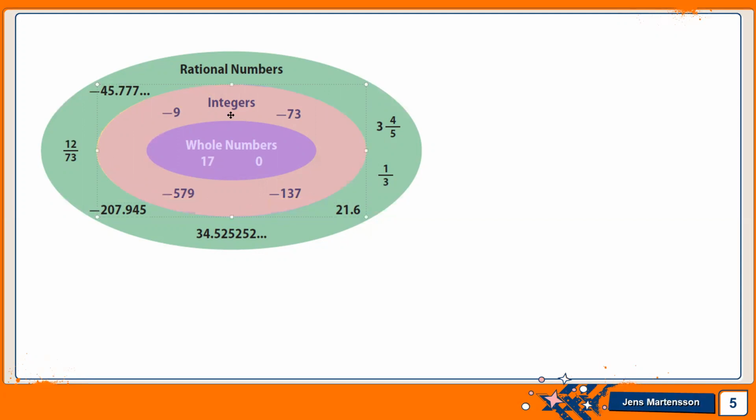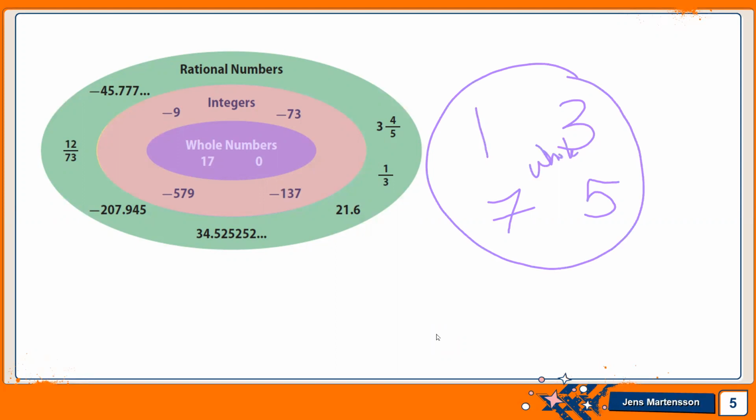If the numbers are like 1, 3, 7, 5, this is whole.